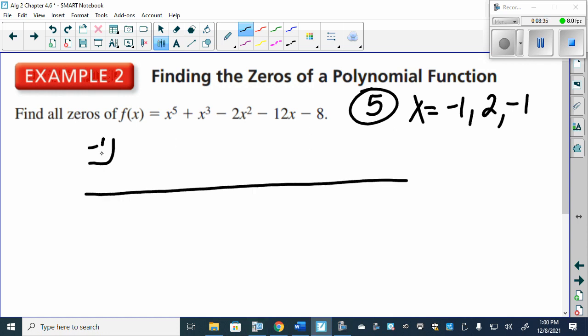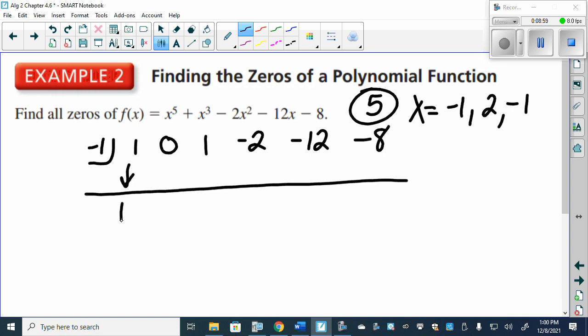So we can do -1 first. Then we would have 1 for x to the 5th, followed by 0, because we don't have an x to the 4th, so we need to put 0 in its place. 1 for x cubed, -2 for x squared, 0 for x, and -8.